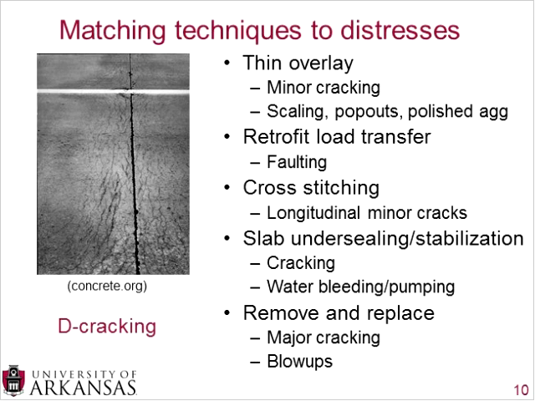And also slab undersealing can prevent future water bleeding and or pumping, because if there is a void, that slab may want to move up and down. And when the slab moves up and down, that's what creates the mechanisms in order to force that water and force those fines up to the surface of the pavement through the longitudinal or through the transverse joints.